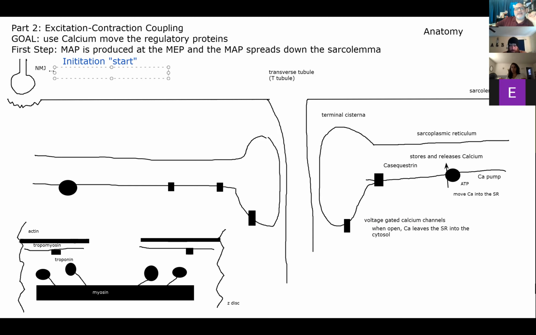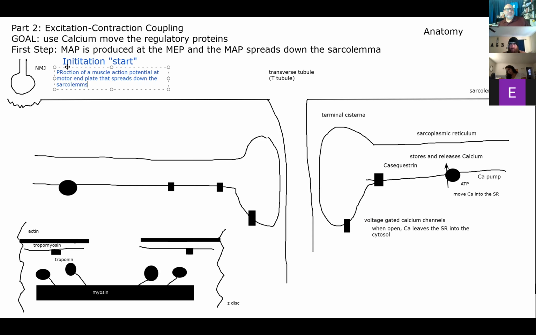Does that mean that if I ask you on the exam to describe initiation of excitation contraction coupling, you've got to go all the way back to the beginning of making the decision and producing the neural action potential and all of that? No, absolutely not. You just start with production of a muscle action potential at the motor end plate that spreads down the sarcolemma.